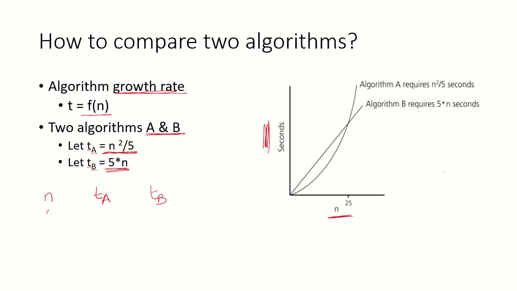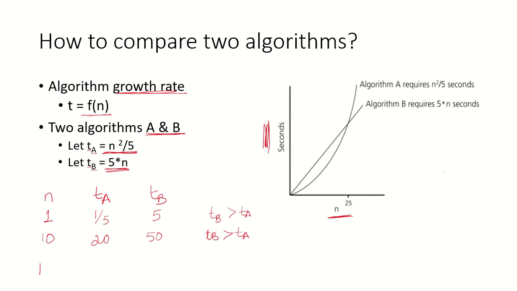Suppose n is 1, then Ta is going to be 1 upon 5 and Tb is going to be 5. We can see that Tb is more than Ta. If the value of n is 10, then Ta is going to be n square, 100 by 5, which is 20, and Tb is going to be 5 into 10, which is 50. Again we can see Tb is greater than Ta.